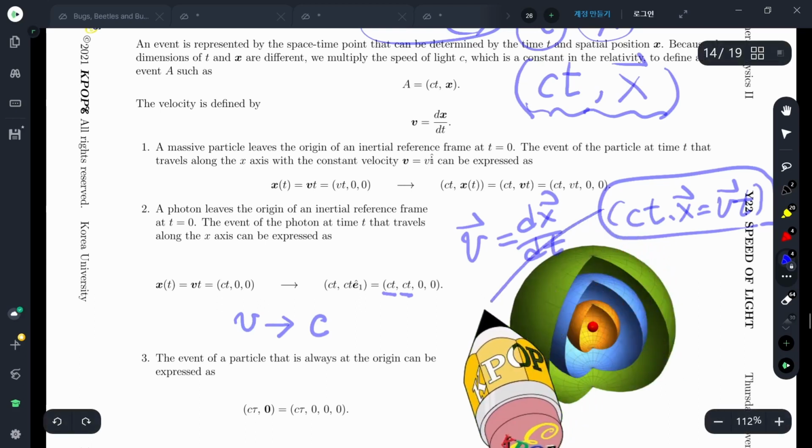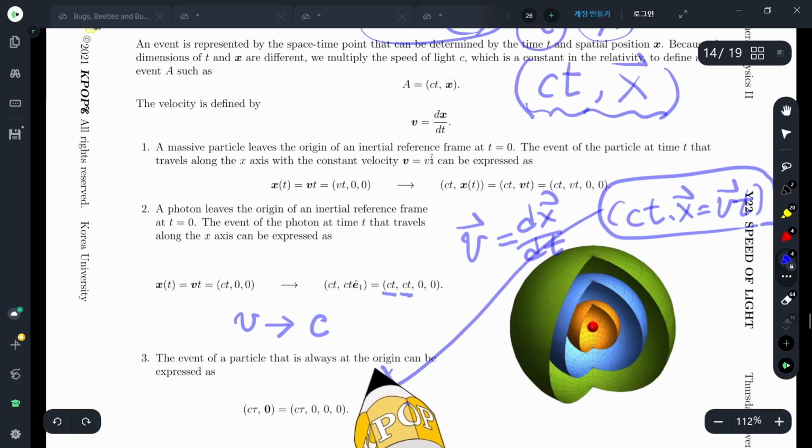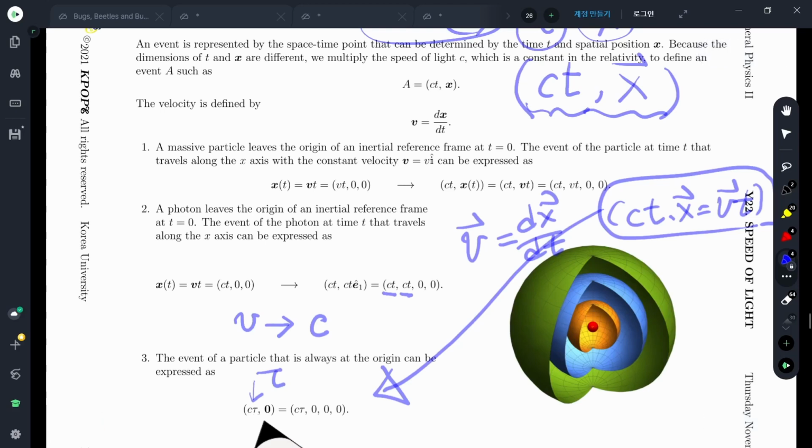Let us extend this idea to the case of a particle that does not move at all. We introduce a time scale called tau. c multiplied by tau, comma 0, is the space-time event for a particle at rest.